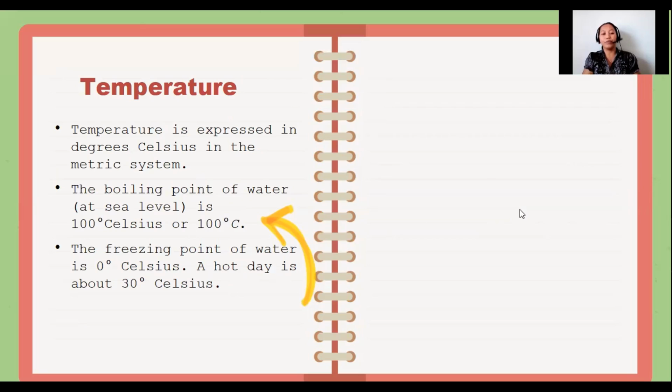So freezing point of water is 0 degrees Celsius. Just like the process of making ice. So pag naglagay ka ng water sa ref, so ilalagay mo dun sa balot ng yellow pang gawa ng ice. So pag naging yellow na yung ginawa mong tubig, it means nag 0 degrees Celsius na yun.